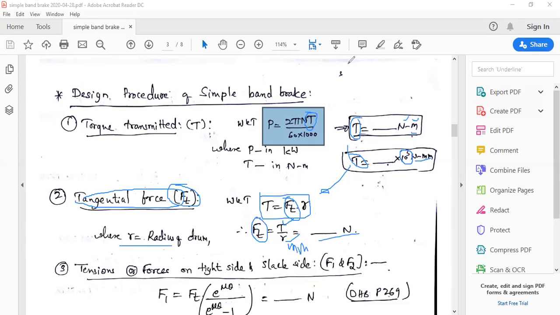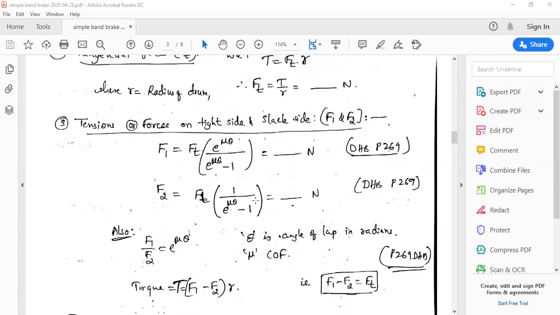Once you get these values, the next step is to get the tensions in the tight side and slack side of the band, that is F1 and F2, irrespective of the direction of rotation. To calculate the tensions in the band, the equations that we have to follow are in the data handbook, as we have already discussed, the conversion of F1 and F2 in terms of Ft and e raised to mu theta.